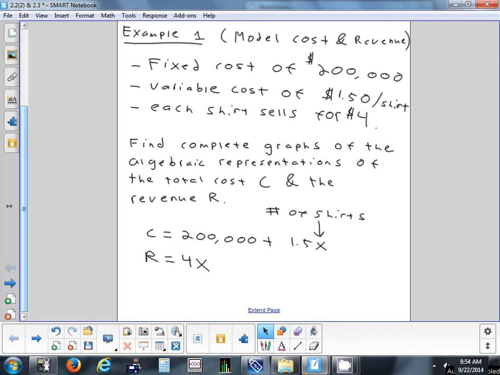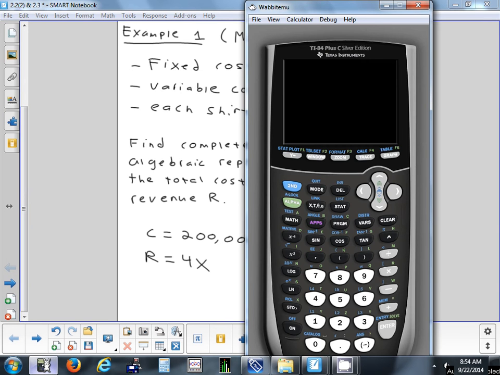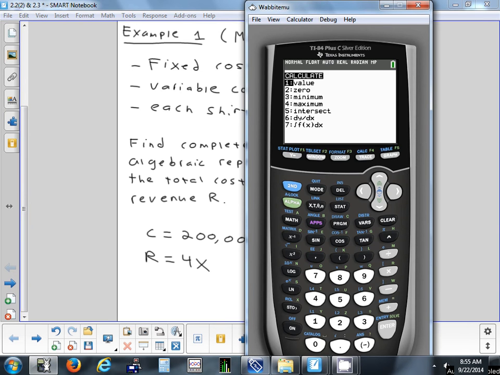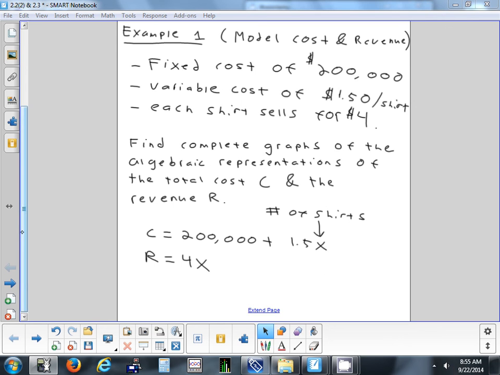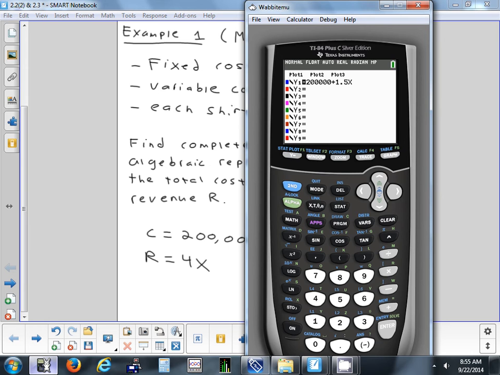Okay, now I want to find a complete graph of these two equations. So we have 200,000 plus 1.5x, that's my cost, and 4x is my revenue. Now we have some big numbers there in y1. If we use our standard window of -10 to 10, is that going to work well?